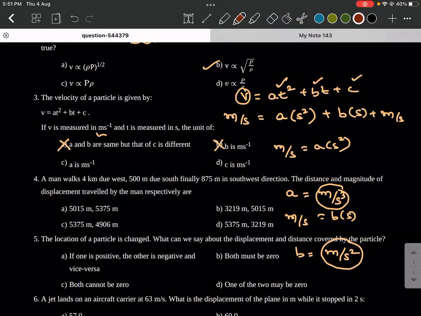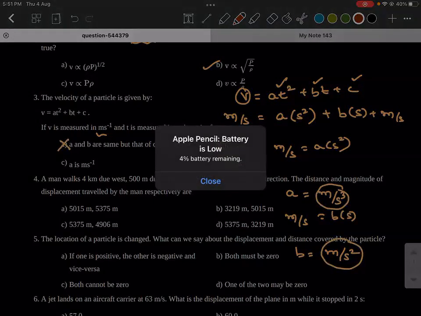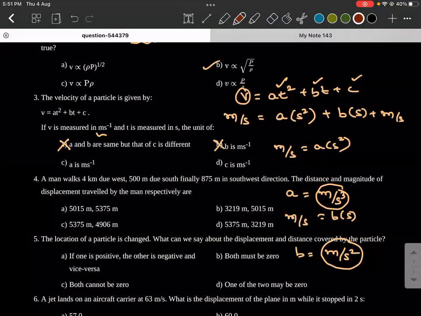A is meter per second? What is there in the meter per second? Cube. So this is wrong. So what is the right answer? C is meter per second. So that is the right answer. Actually, we need not even solve this, but to explain the other meanings, I did it. Okay. So C is meter per second is the right answer. Please make a note of it.